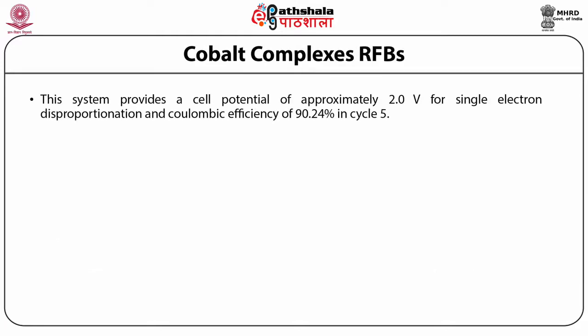This system provides a cell potential of approximately 2 volts for single disproportionation and Coulombic efficiency of 90.24% in cycle 5.